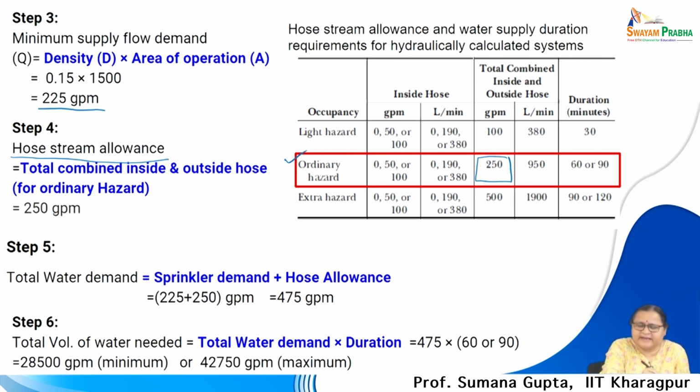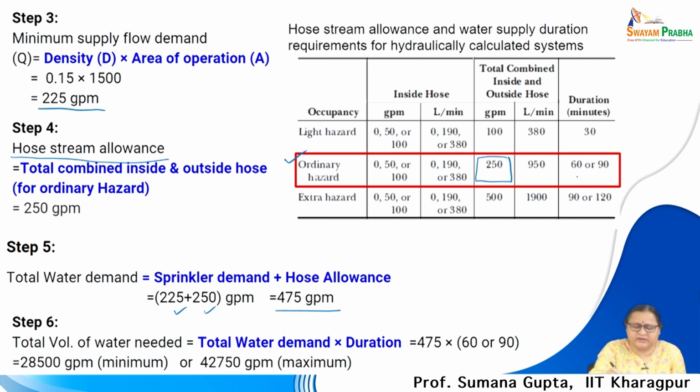So, 250 gallons per minute plus 225 gallons per minute gives you 475 gallons per minute, and the duration is for 60 to 90 minutes. Because you have to charge the water for around 1 hour or 1.5 hours to control the fire.